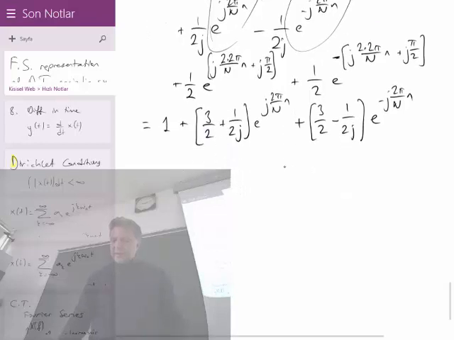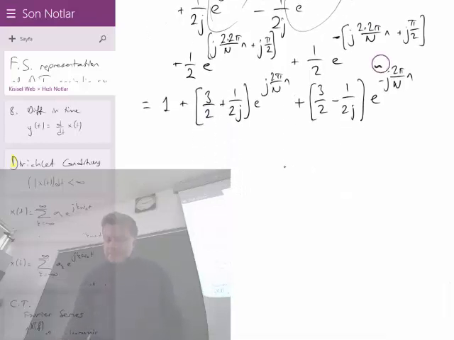Okay. How about the last line? How can I extract the information from there? Well, for that, you have to extract the constant angular phase term in the exponent together with this 1 over 2. I want you to take a look at this.